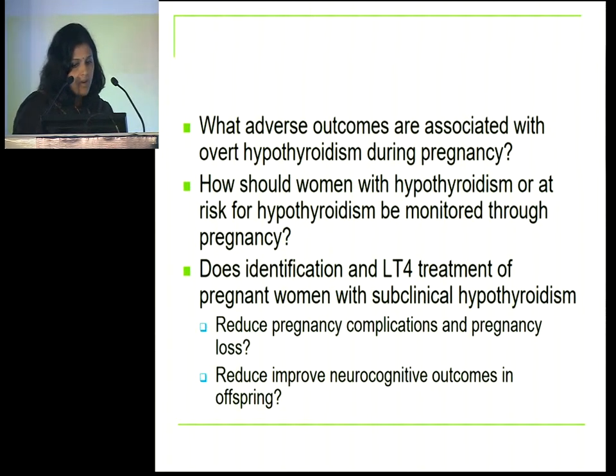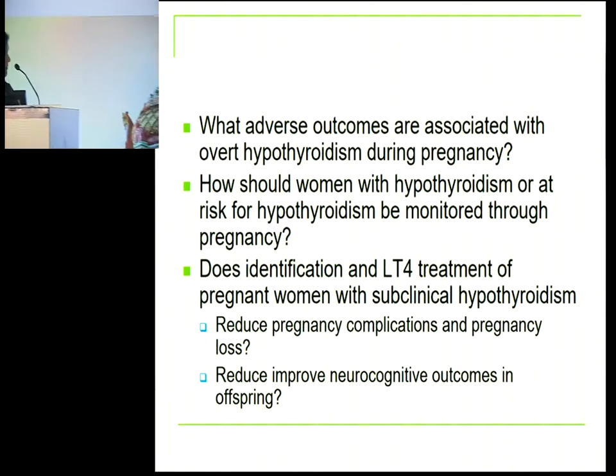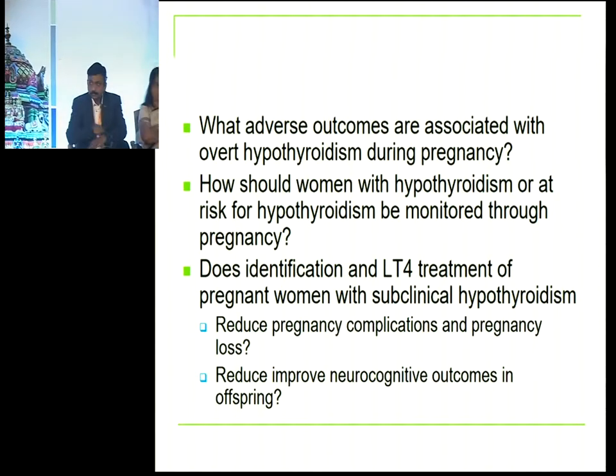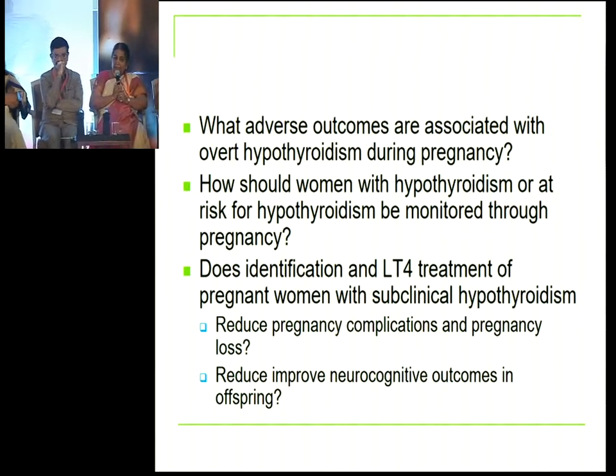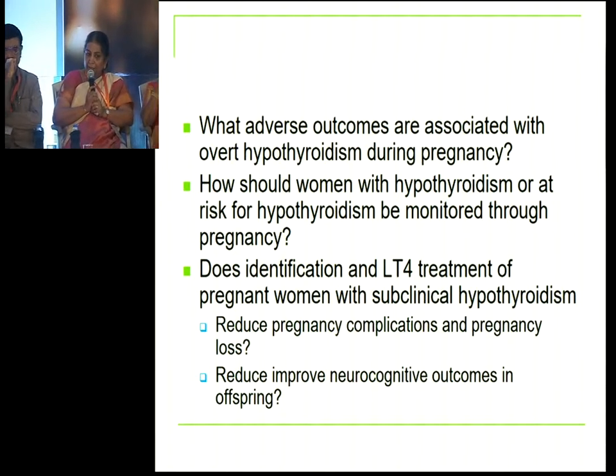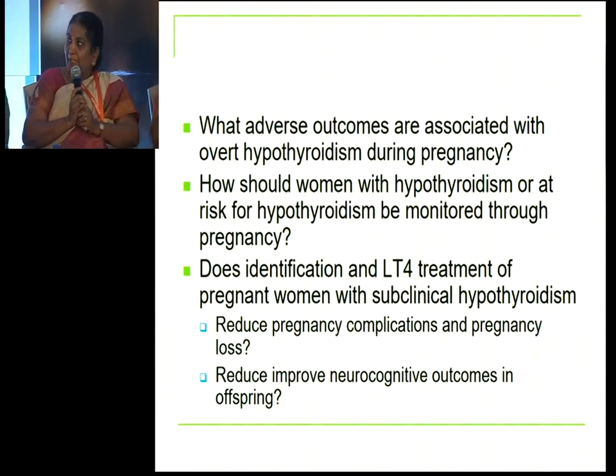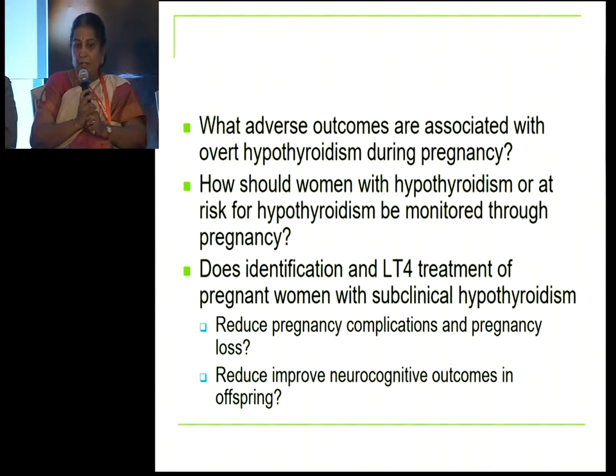What adverse outcomes are associated with overt hypothyroidism during pregnancy? I would like to hear it from the gynecologist. So it can start from the first trimester. Miscarriages are increased. Then we have preterm labor, which is increased. Preeclampsia is increased. So all sorts of problems, both for the mother as well as the fetus.